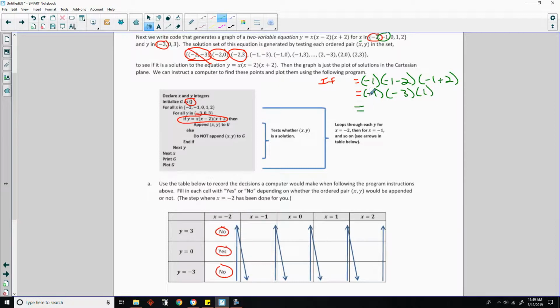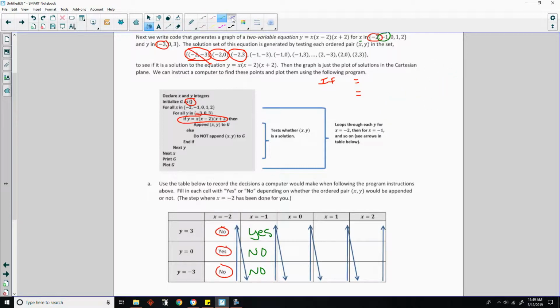And when I multiply these, negative times a negative is positive, positive times a positive is positive, 1 times 3 times 1 is +3. So then we're going to check that with our 3 y's. So I'm going to put -3, 0, and 3 in. Well, it's obvious that -3 is false, so that's no. And then I go to 0, well, this is not a 0, so that's no. And y equals 3 is when it was true, so I'm going to put a yes there. Okay, so we really don't need to write that in every time, it's just too time consuming. Okay, so on to the next.